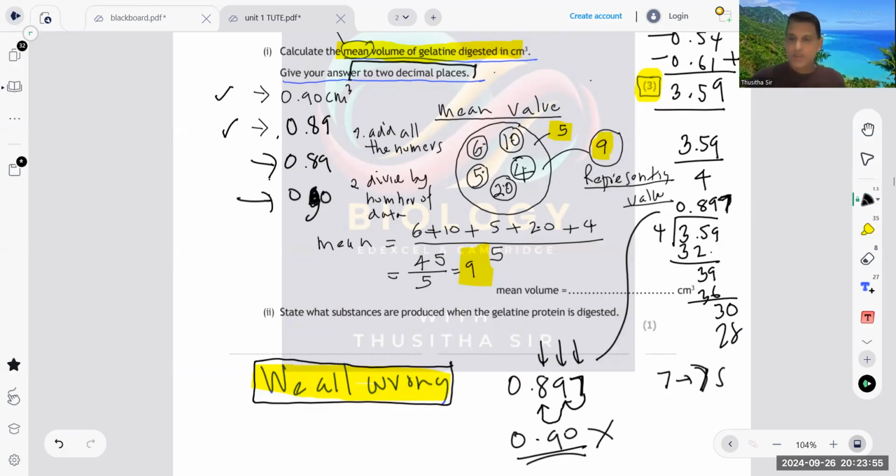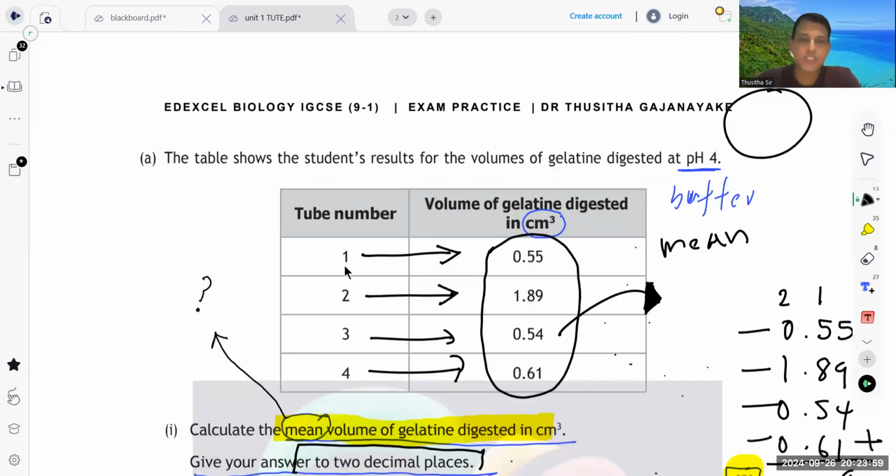Okay, so let's look at the data again. Now the student repeated this experiment done in tube 1: first, second, third, and fourth.